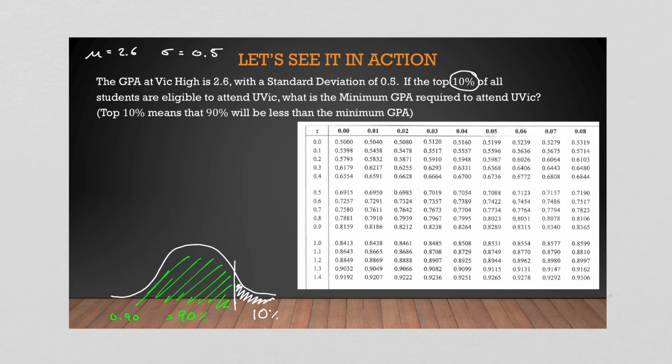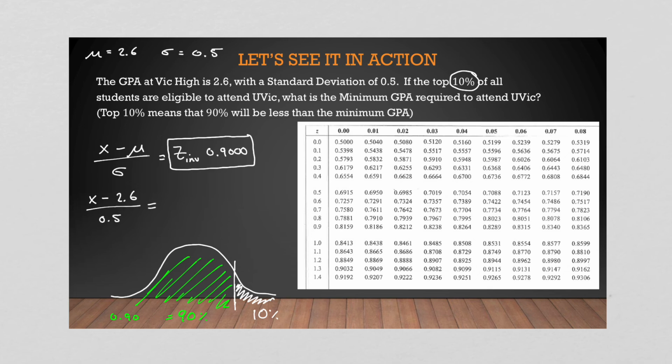In that case, what we're looking for is this. We have this information already, but we know that the Z inverse value is 0.900. What Z score is equivalent to 90%? We can find that. We know the standard deviation and we know the mean.